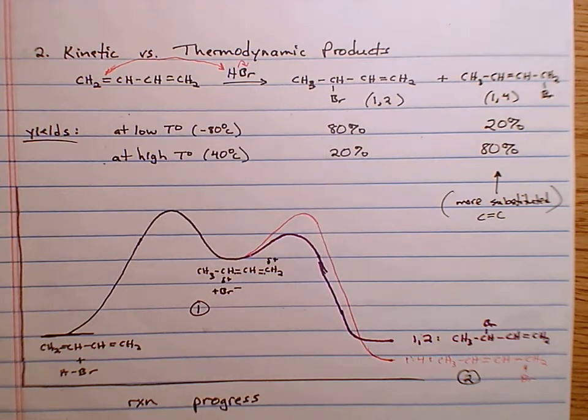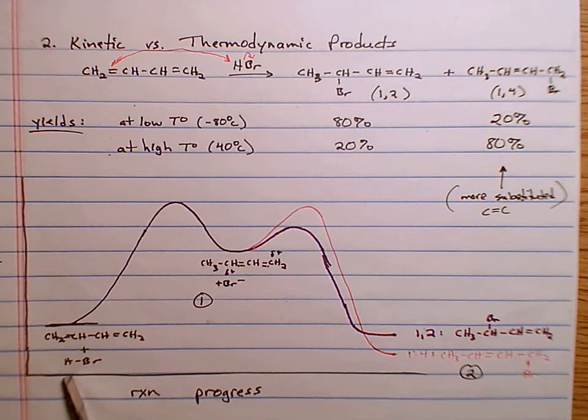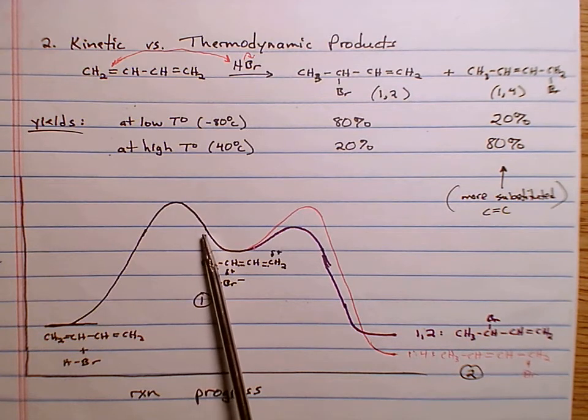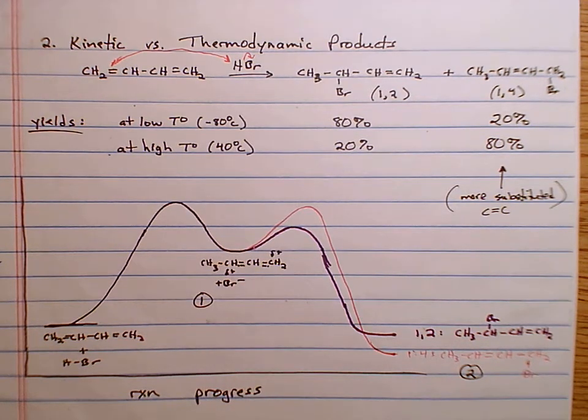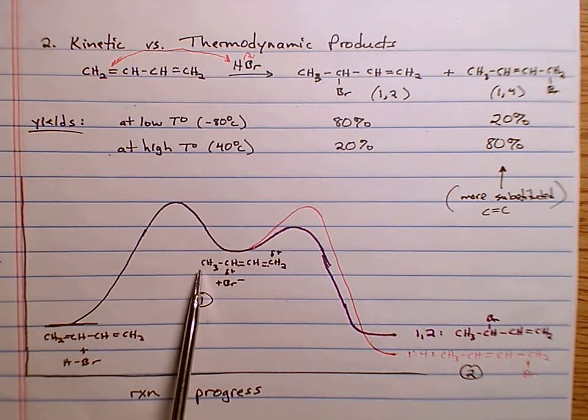Now, why is this? Well, let's look at a good old-fashioned potential energy versus reaction progress diagram. Note, here's our two reactants, our conjugated diene and our HBr. They have to overcome some sort of activation energy, and it forms the resonance hybrid here. But note, this carbon over here is the one that gets the hydrogen.